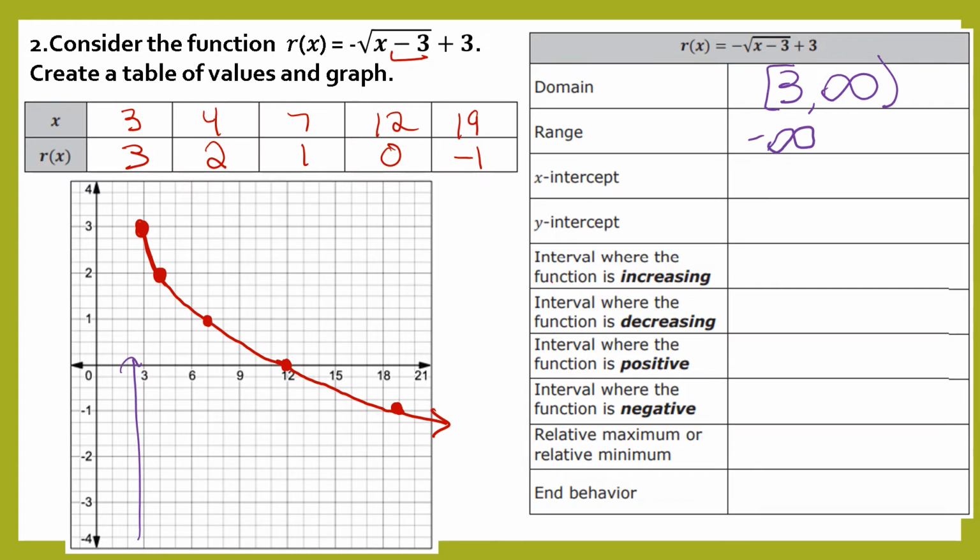Up until what number do we stop getting y values? What's the topmost point of that graph? 3. So above that 3, I don't have any more y values. My graph stops. I don't get any more graph above there.